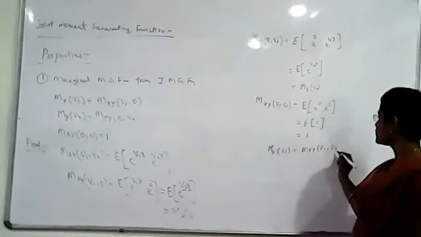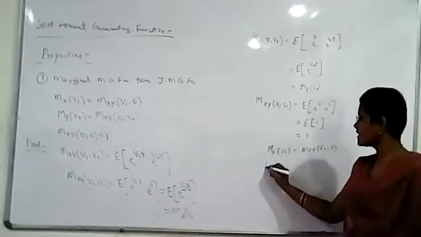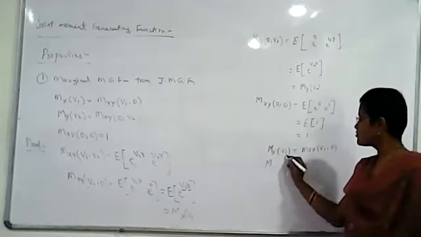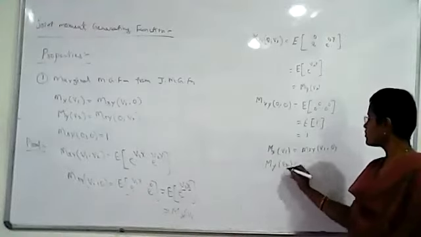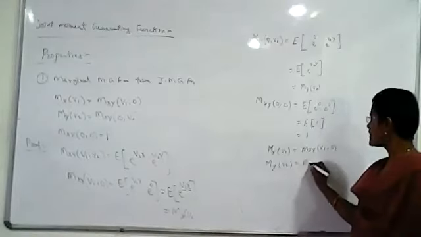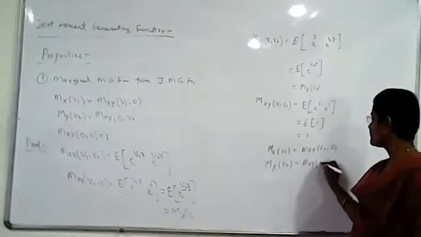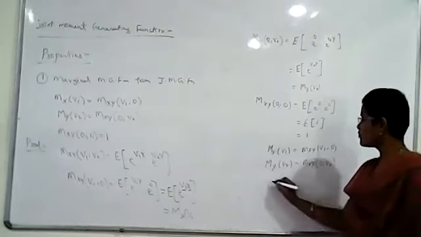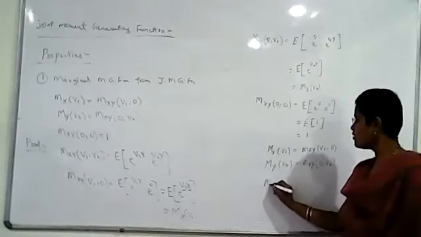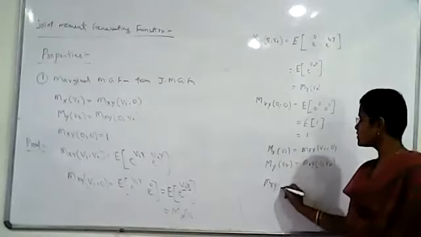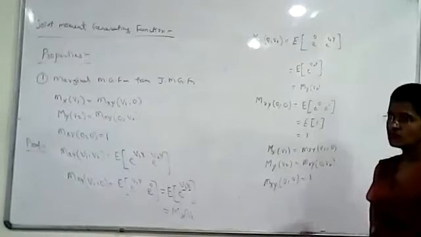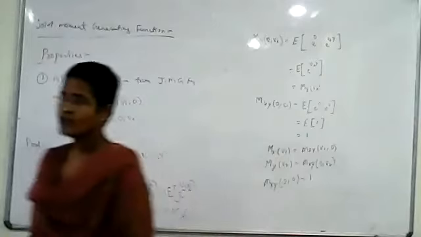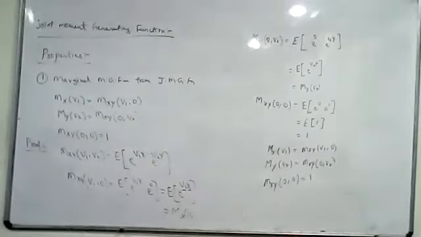By substituting v2 is equal to 0, we get M_X of v1, and by substituting v1 is equal to 0, we get M_Y of v2. By substituting both v1 and v2 equal to 0, we get the value 1. So this is our first property of the joint moment generating function.